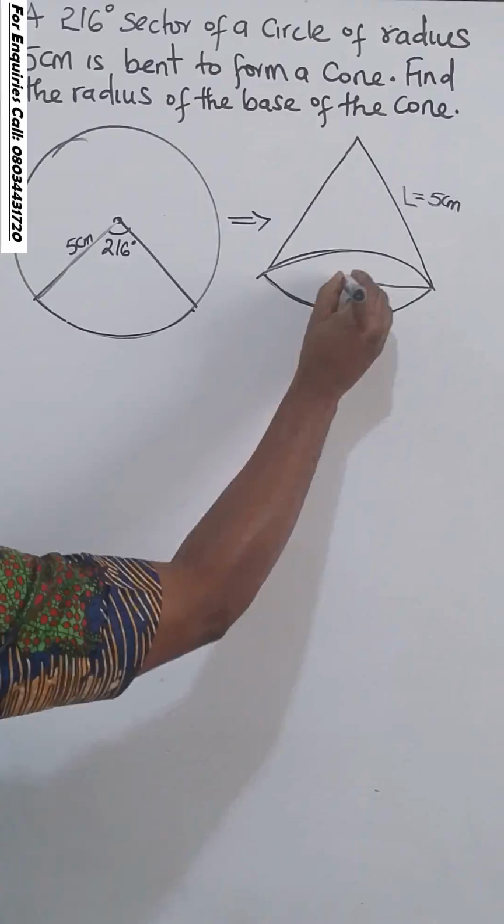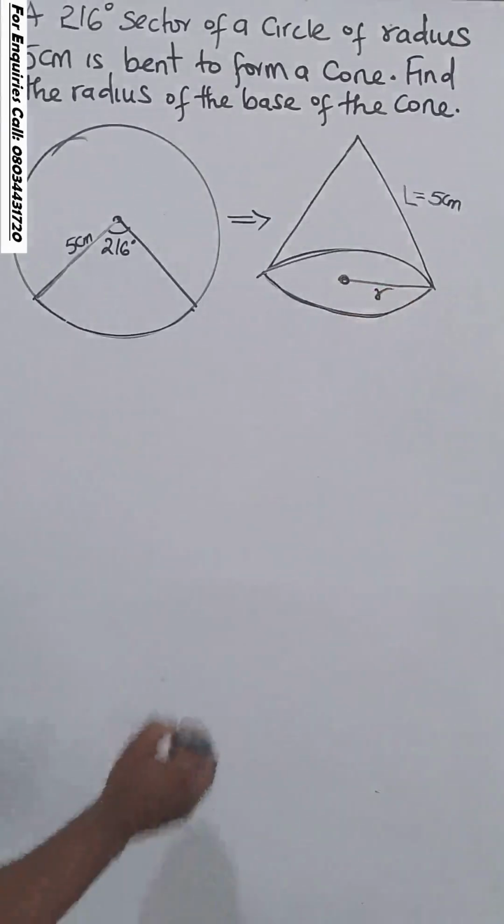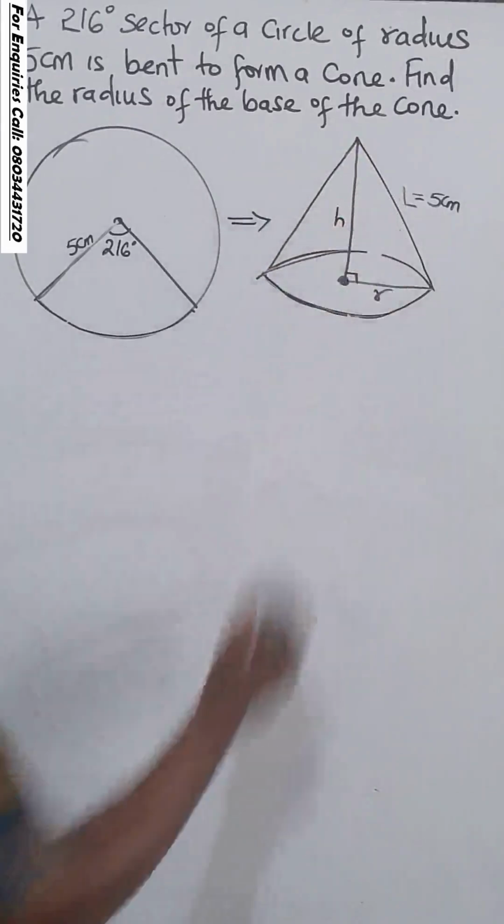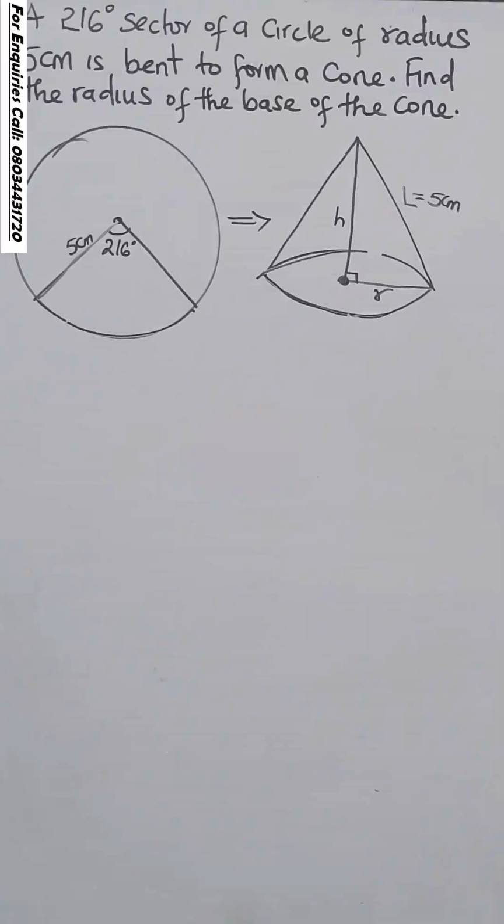What is the radius of this? We don't know. The height of the cone, we don't know. But from the question, we are asked to find the radius of the base of the cone, which is r.